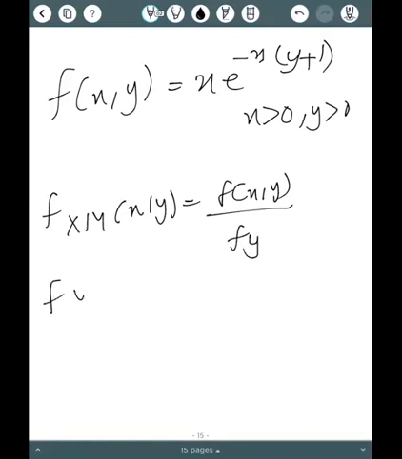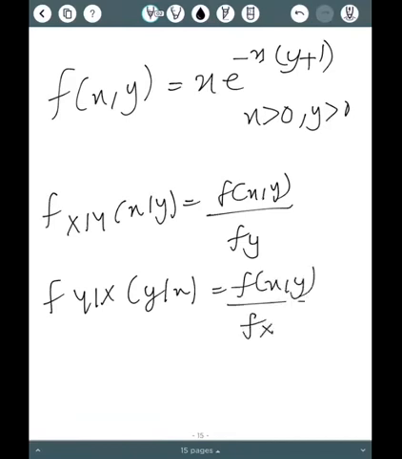Likewise अगर y given x करना है, it's going to be f(x,y), right, divided by f(x), right? तो इसके लिए हमें marginal distributions निकालने हैं, right? और हमें joint distribution तो दिया हुआ है. So again हम लोग marginal distributions निकालेंगे same ही तरीके से.